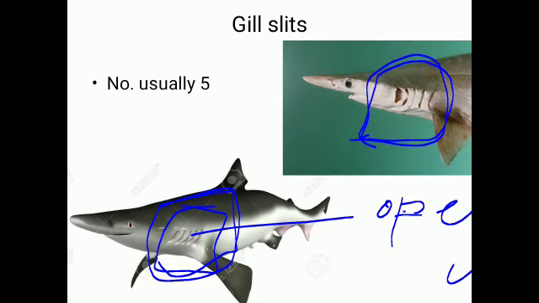So we can identify whether the fish is Chondrichthyes or Osteichthyes by seeing the position of the gill slits.